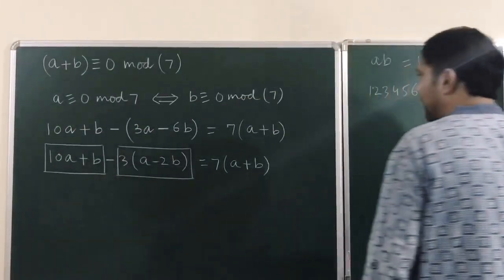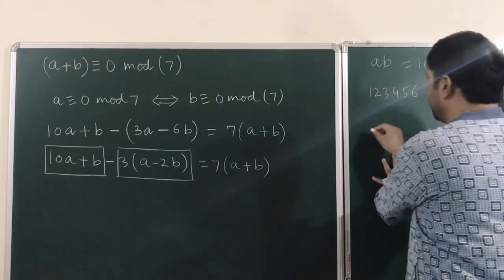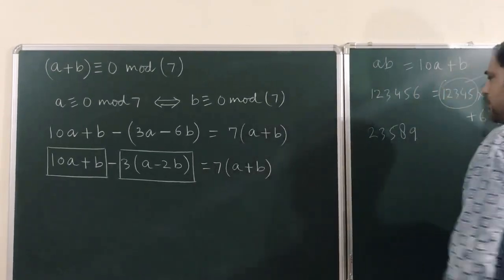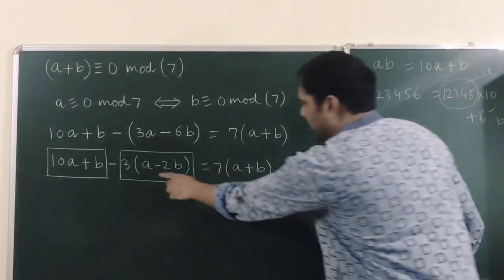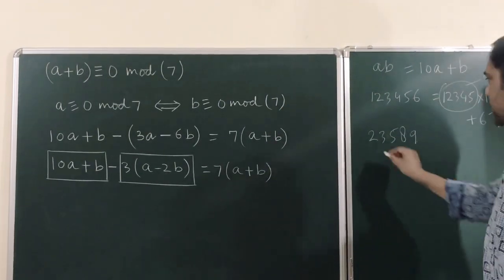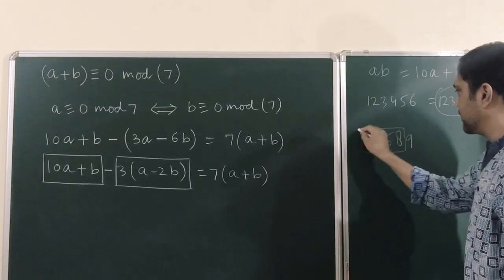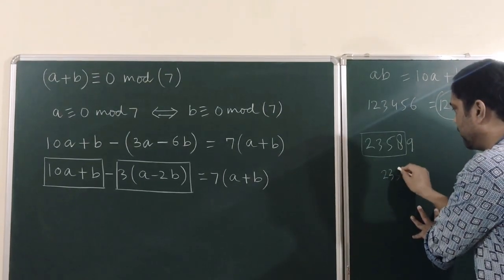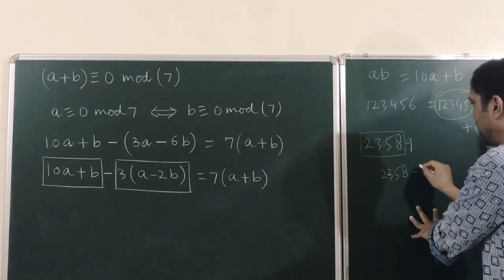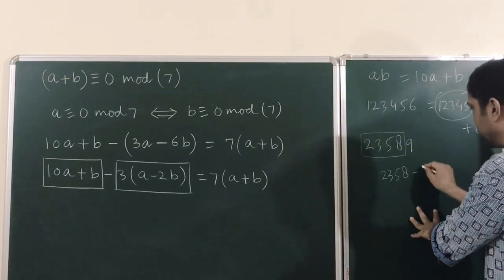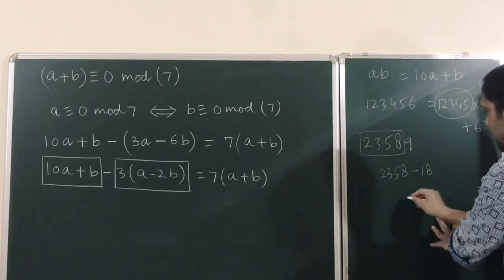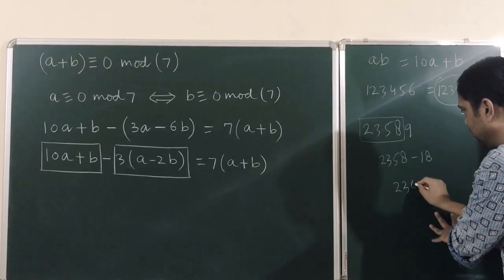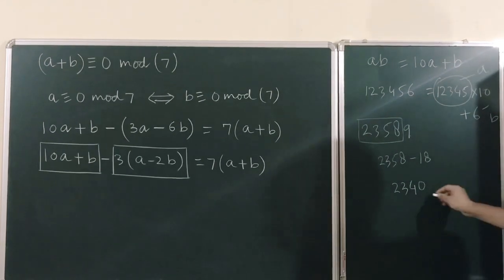And how do we write this? I take any number, let's say 2, 3, 5, 8, 9. This is a number. How will we do this? What is the meaning of A minus 2B? So this is now A and this is B. So in 2, 3, 5, 8, we'll subtract 9 into 2, that is 18. So we get 2, 3, 4, 0. Again, the same thing I'll be doing.